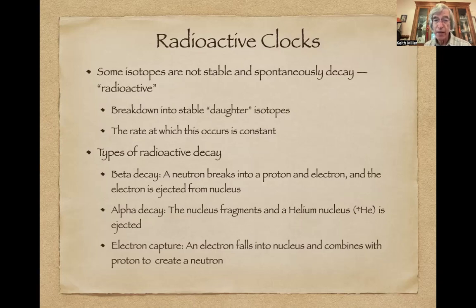In alpha decay, a nucleus fragments and a helium nucleus is ejected. And in electron capture, an electron falls into the nucleus and combines with a proton and creates a neutron. Okay, so again, that's changing the charge.